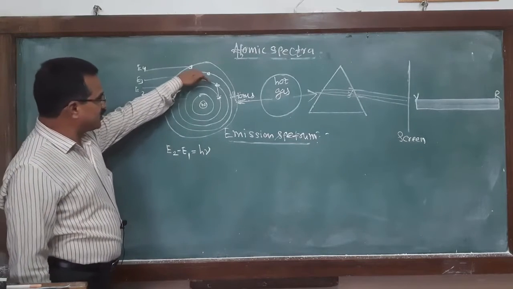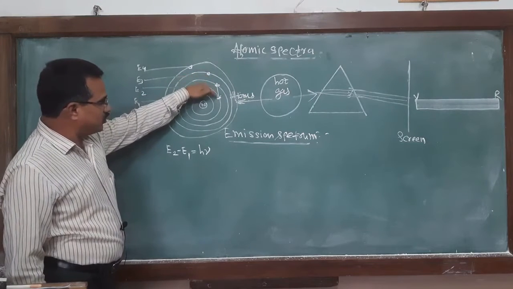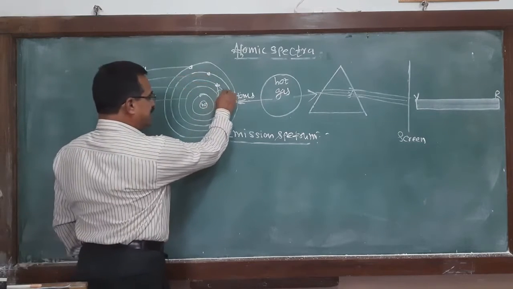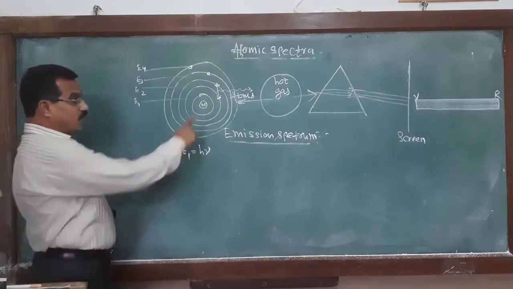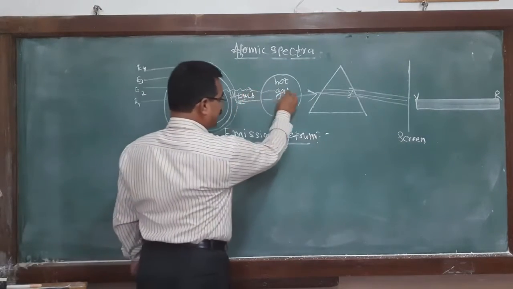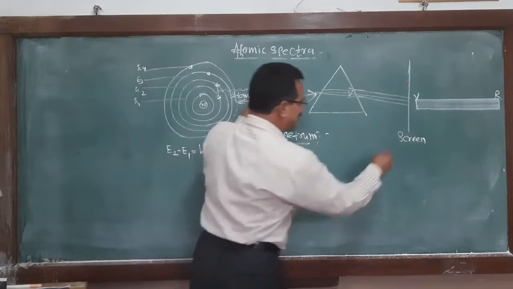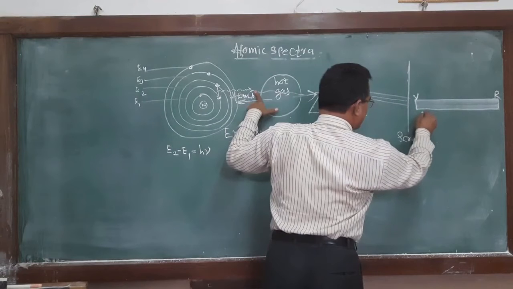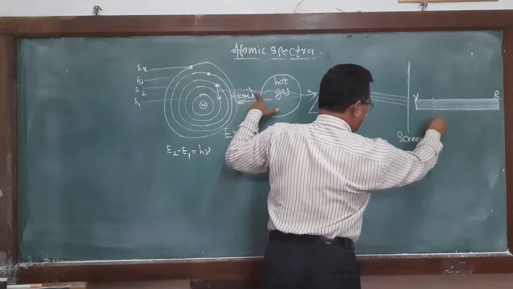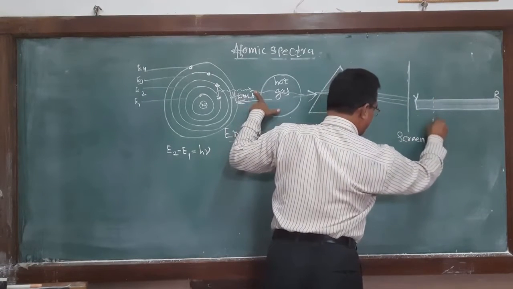It means that when an electron jumps from a higher orbit to a lower orbit, it emits radiation, and for that radiation we get one fixed line.